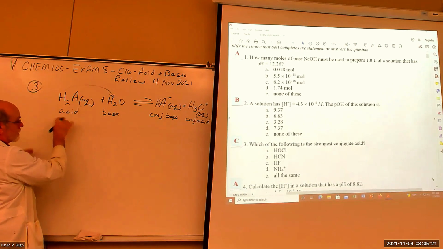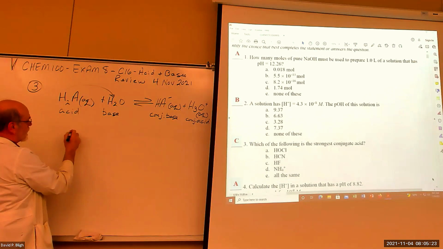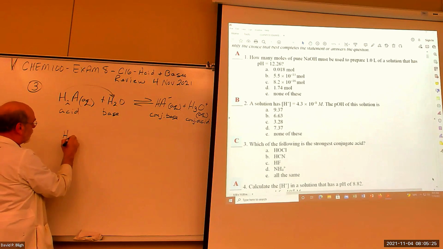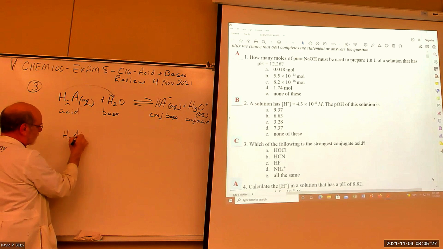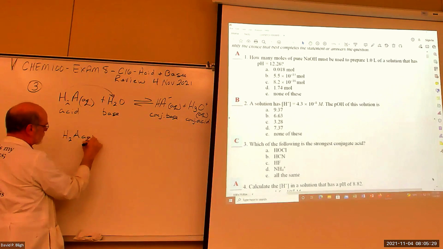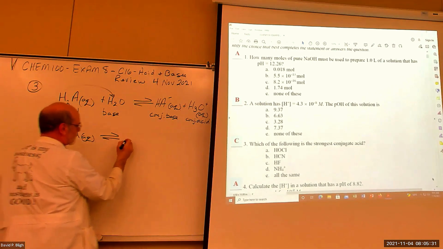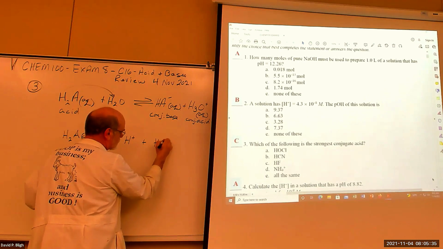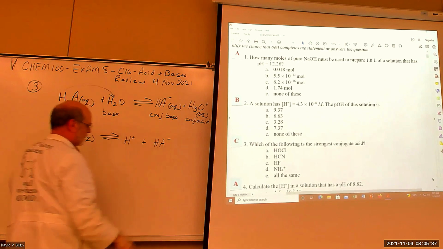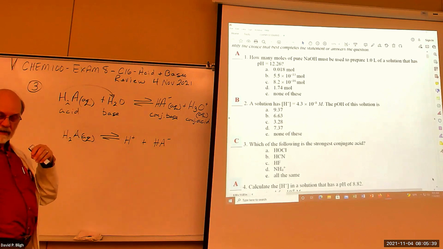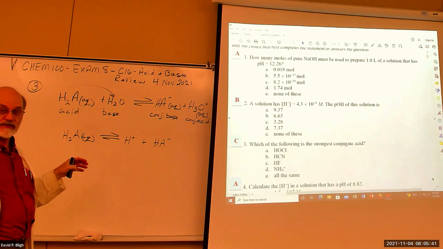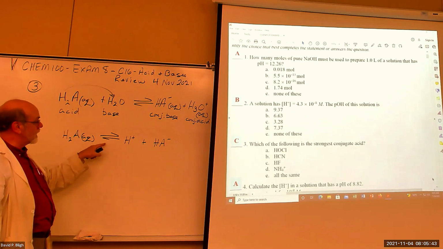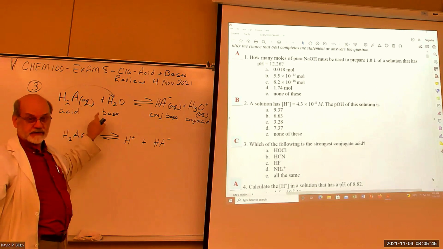So if we take this one as is, we can say that species loses a proton and produces this anion. So you'll often see an acid dissociation written this way, when this is actually what happens in solution.